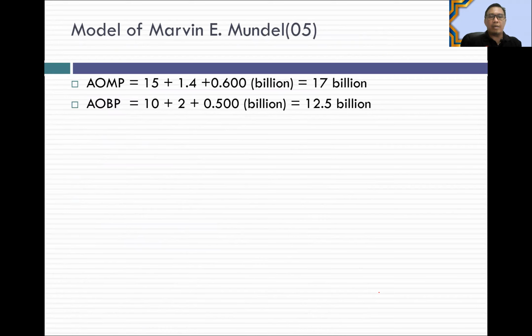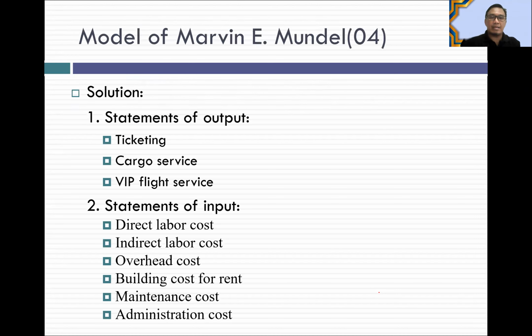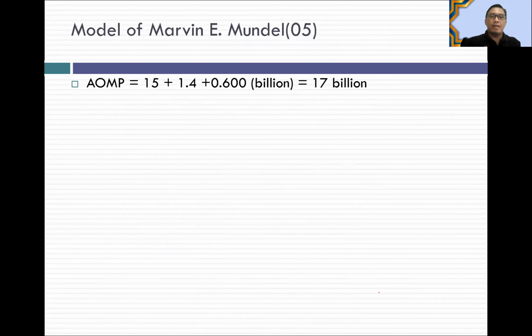So the AOMP, aggregate output on the measured period. The measured period means we calculate for 2009, because there are two different years, 2008 and 2009. Aggregate output is the sum of the values for the output, which consists of cargo, ticketing, and flight services.